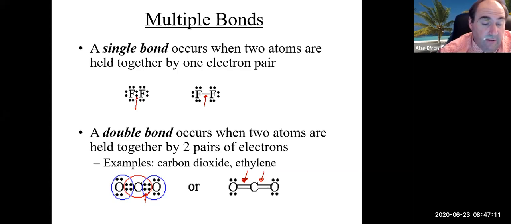And in the case of carbon, by making a double bond on each side, in the red circle, carbon is able to achieve 2, 4, 6, 8 electrons. And the oxygens on each side, by making that double bond with the carbon, are able to achieve 2, 4, 6, 8 electrons also. And again, everybody is extremely happy in that case. Everybody has essentially met the octet rule. And what that really means is it moves everybody forward to the noble gas that comes right after them on the periodic table.